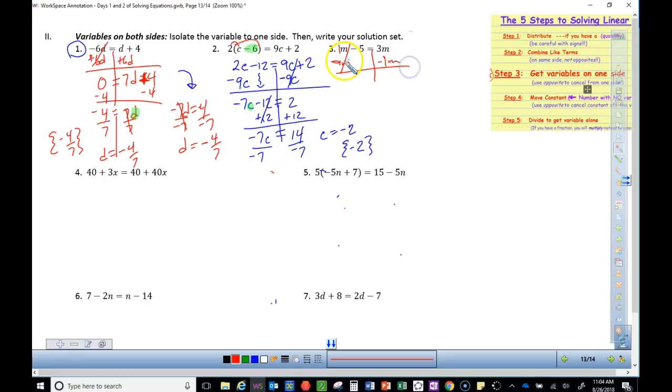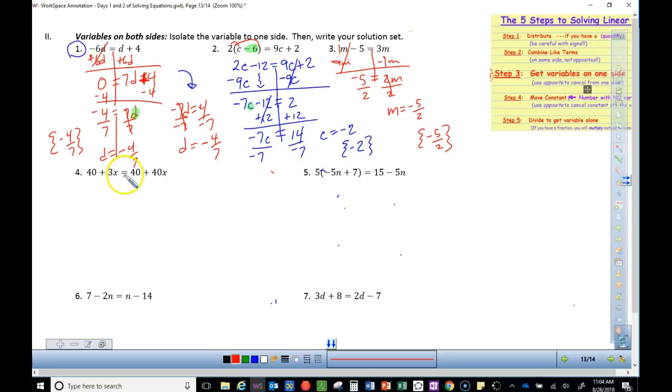So if it's positive and you want to move it to the other side, you have to use the opposite. So we'll bring down -5, and we'll have 3 minus 1 gives us 2m. So last step is to divide by 2 to get rid of multiplication. So m equals -5/2. That doesn't divide, so we'll keep it as a fraction. No problem.